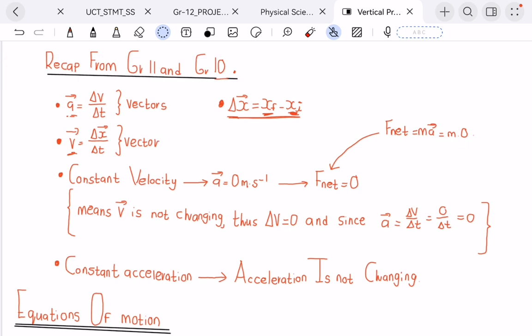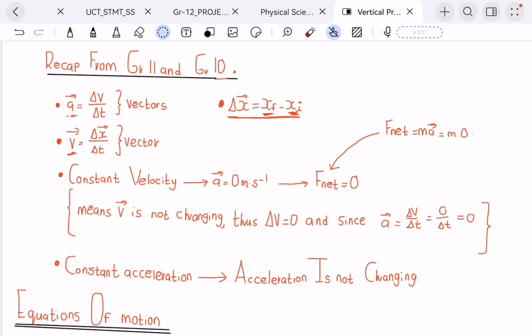So if you're traveling at a constant velocity, then your acceleration is 0. This is the most important concept in matric. Once they say constant velocity, you have to know that your acceleration is 0. That thing is moving with the same velocity, so there is no change in velocity. The velocity is not changing.